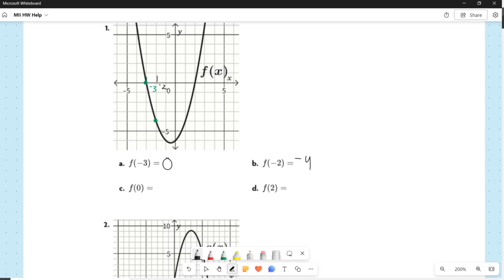For f of 0, we evaluate 0 on this function. We're down there, which is negative 6. And for f of 2, that brings us to there, and we are once again back on the x-axis. And so our y value, or function value, is again 0.